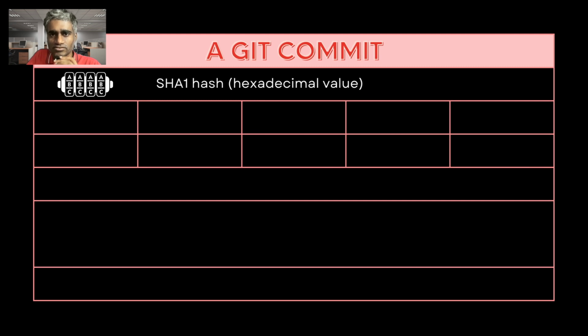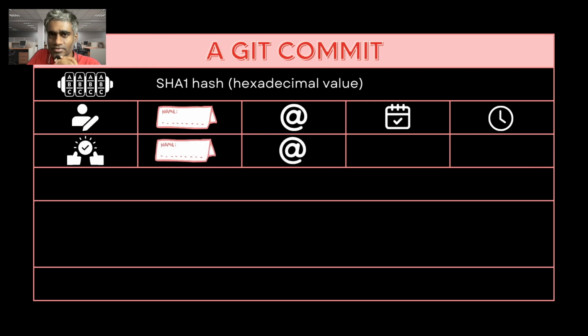A commit will also have a commit author's name and email address, a commit authoring date and time, a committer's name and email address. This is often the same as the other, and if so, many Git clients hide it. A committing date and time.